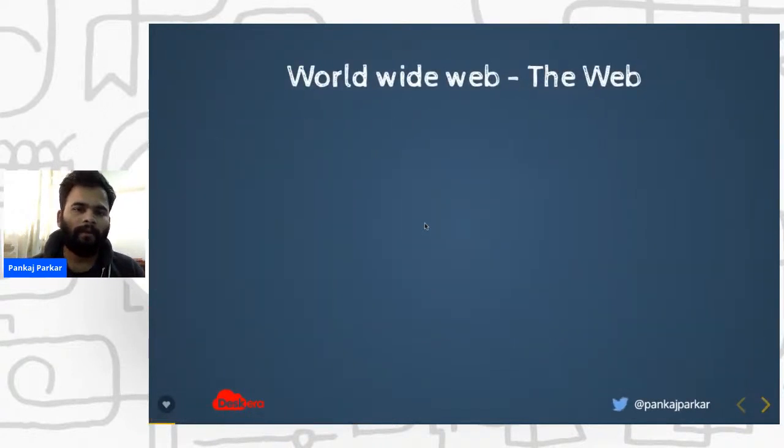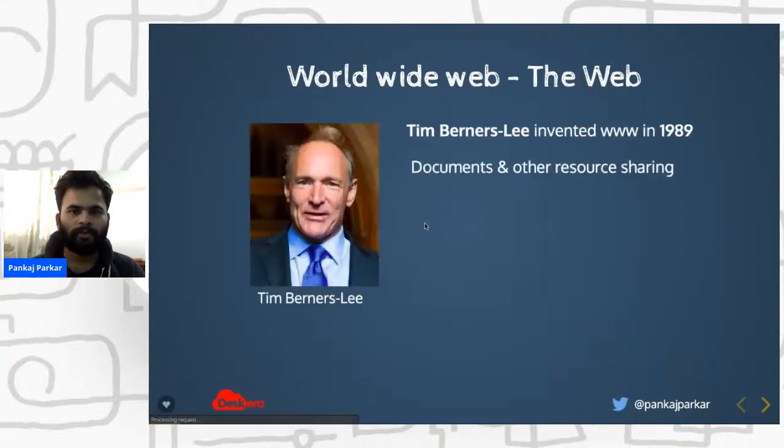But the very first thing is the World Wide Web, which is www. It was invented by Tim Berners-Lee in 1989, and I would like to share the little story behind it. He was working for the CERN company, where all the scientists worked together. The problem was that each scientist was working on a different project.